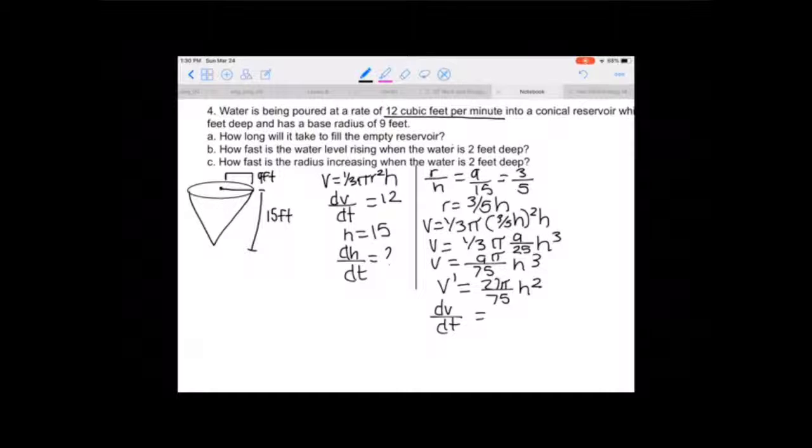So again, dV over dt, the same thing as the one above. Simplify 27 over 75, which is 9 over 25 pi h to the second dh over dt, since we're taking the derivative of h and involving time.